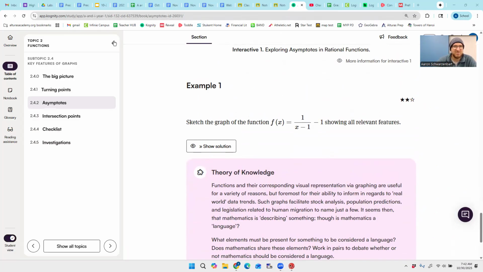I'm sick of this x minus 1. We're going to do something different. We're going to do a similar function, f of x equals 1 over x plus 3, plus 4.